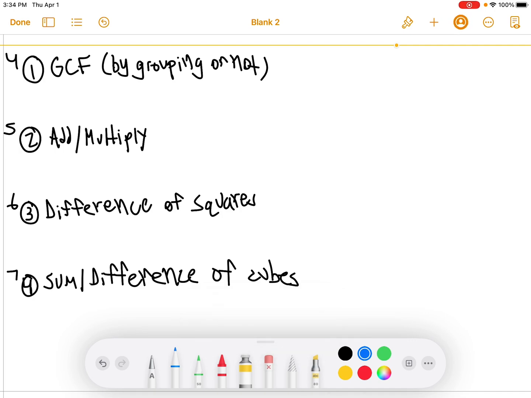Now, I say by grouping or not. You may have already learned how to do this in the last unit, but grouping is a different thing, and I'll show you that in the next lesson. Sometimes there can be 4 terms, and this is usually the case, and I'll go over this more. Let's do plus 5x minus 4.